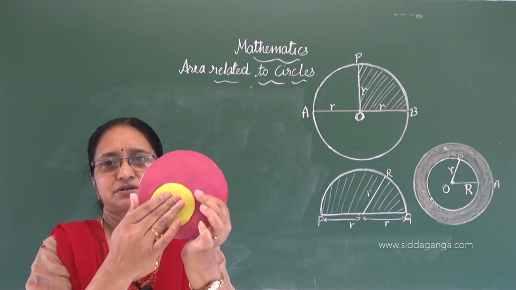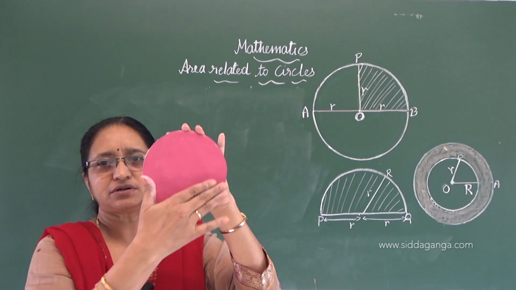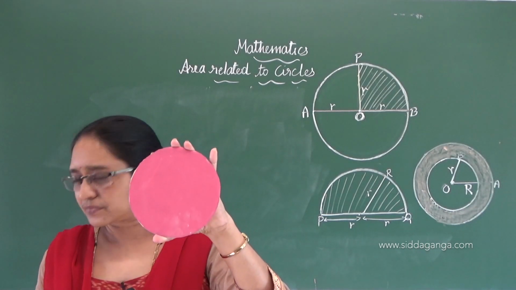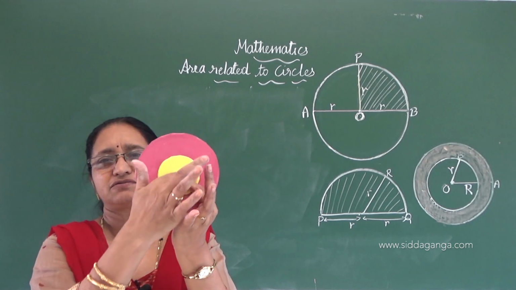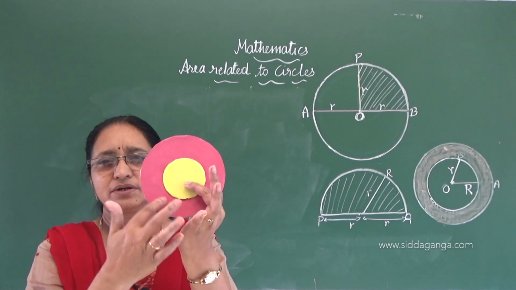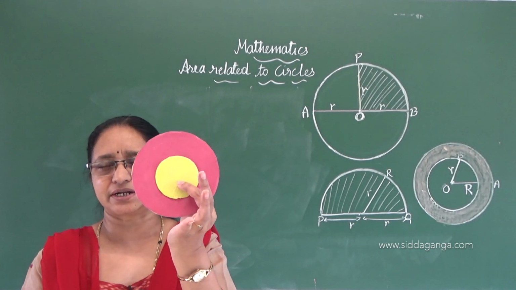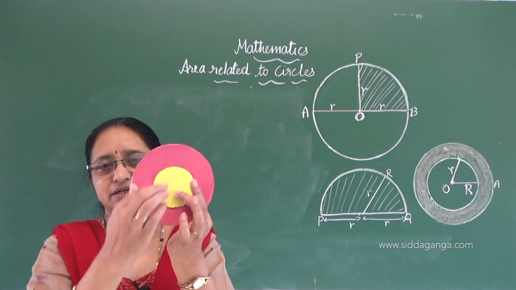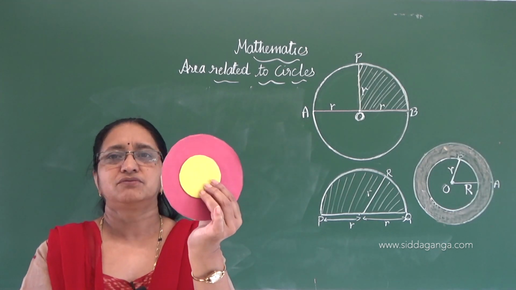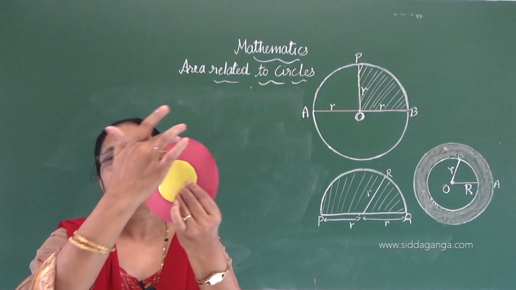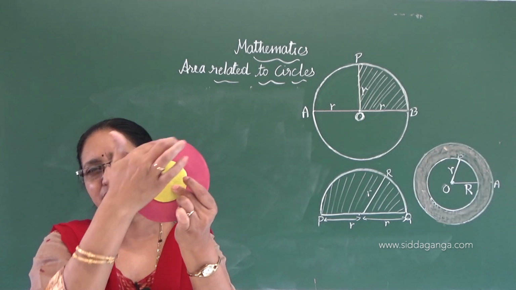This is the area of the bigger circle minus the area of the smaller circle, then what remains? The area of this ring remains, correct? So the area of the bigger circle minus the area of the smaller circle will give you the region, the pink colored shaded part.